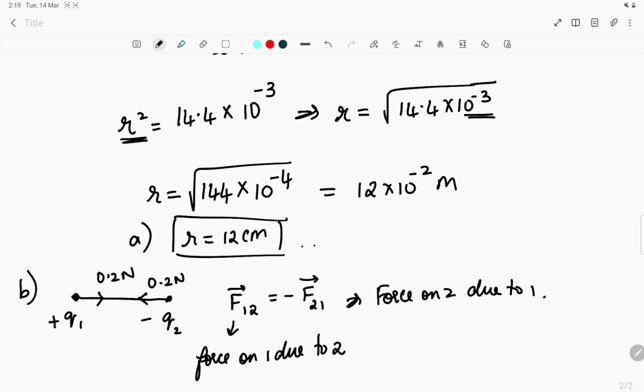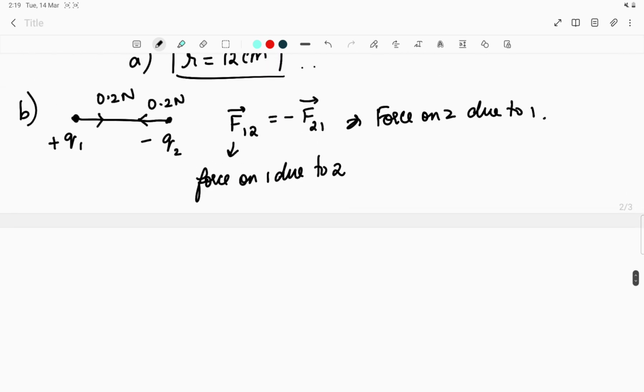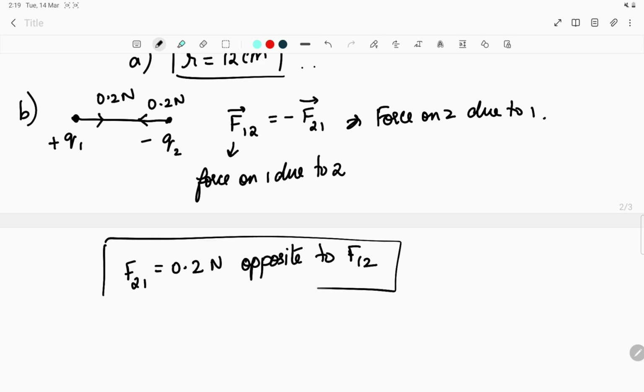It is just our choice; we can write it whichever way we want to represent. So the force on 2 due to 1, magnitude wise, F21 vector is equal to 0.2 Newton, but it is going to be opposite to F12. That is what we can represent as the answer.